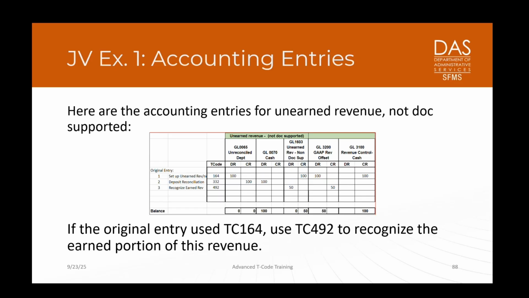So if we establish our revenue with 164, that means we debit 0065, and then we credit GL 1603, then we debit 3200 and credit 3100 revenue control cash.